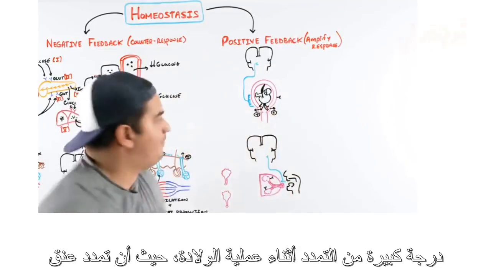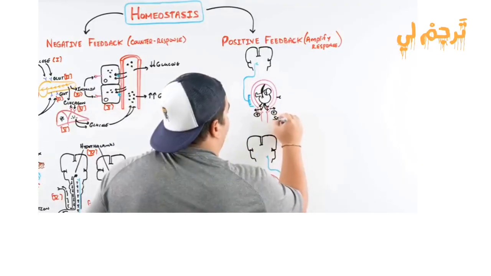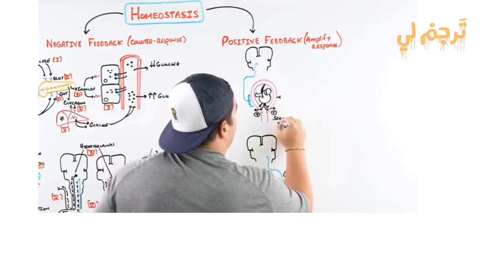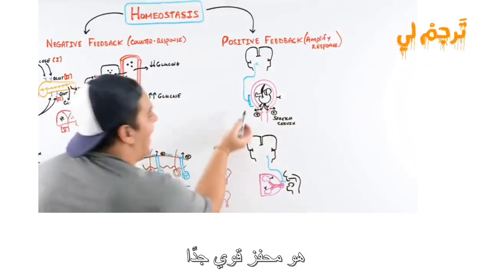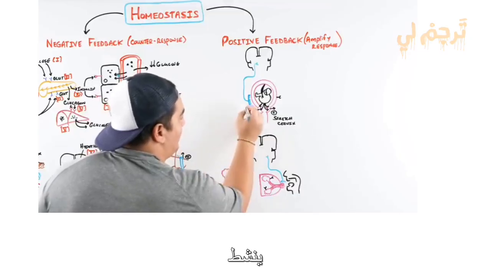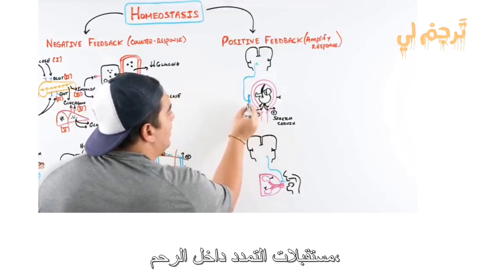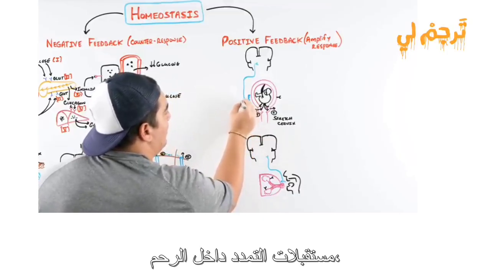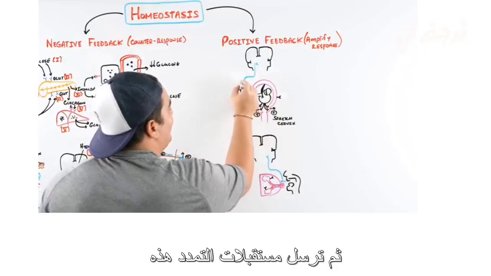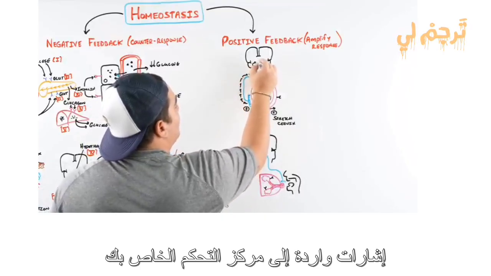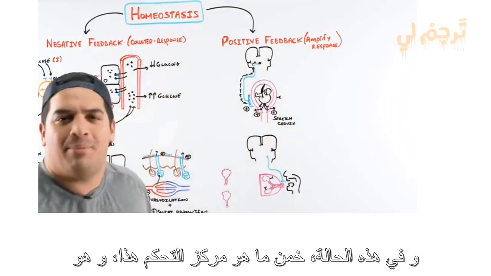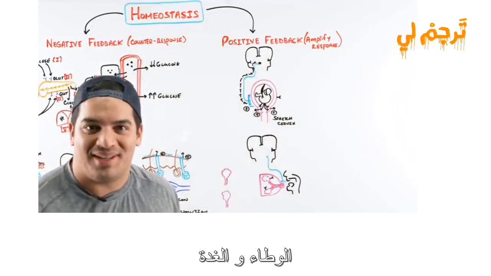That stretching of the cervix is a very powerful stimulus that activates stretch receptors within the uterus. These stretch receptors then send afferent signals to your control center. And in this case, guess what that control center is? The hypothalamus and the posterior pituitary.